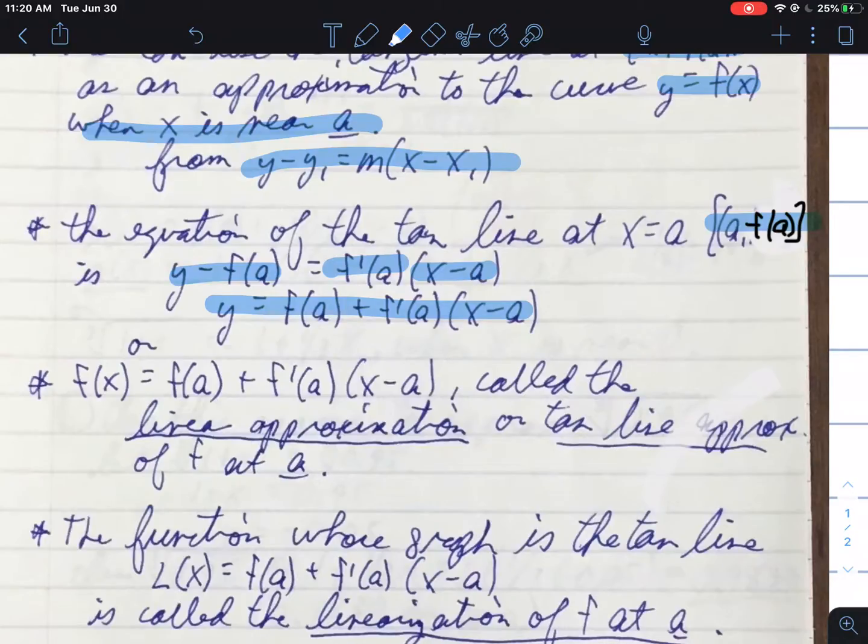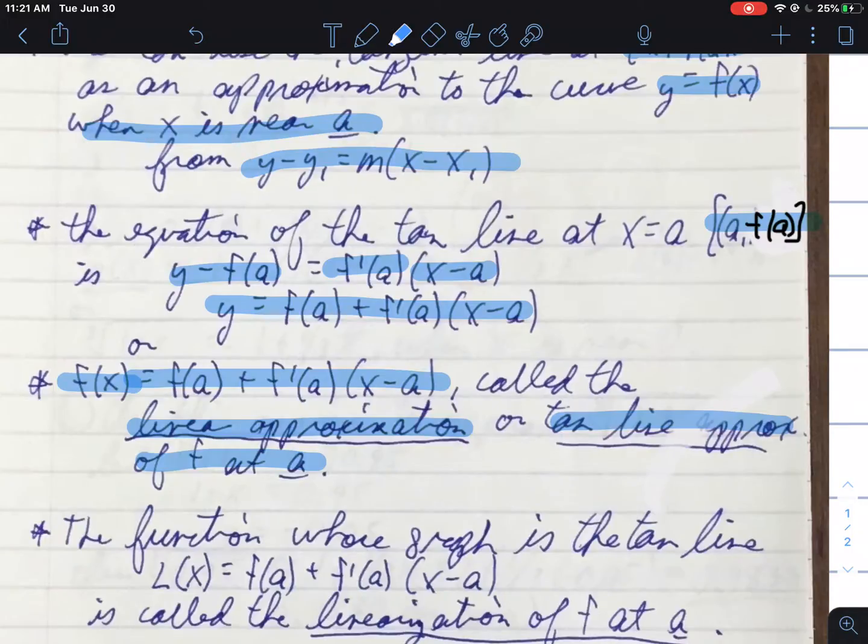So we could say then that the function f of x, just replacing y with f of x, can be equivalently written as f of a plus f prime of a times x minus a, which is called the linear approximation, or the tan line approximation, of our function at a.